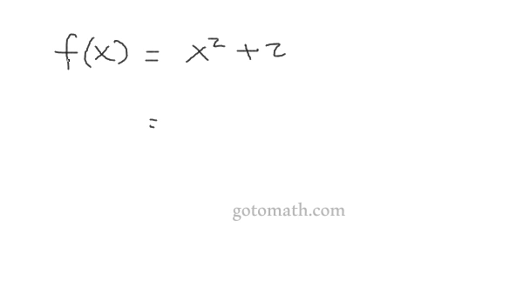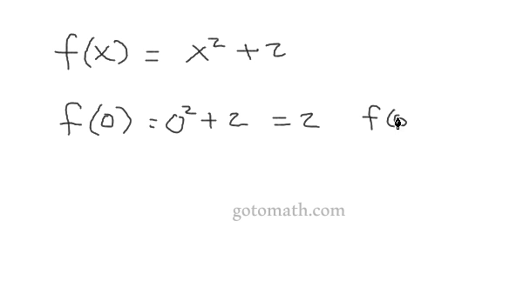This f is the name of the function, and this is a mathematical function. So if I plug f of 0 into our function, this is 0 squared plus 2, and it is equal to 2. So we could say then that f of 0 is equal to 2.